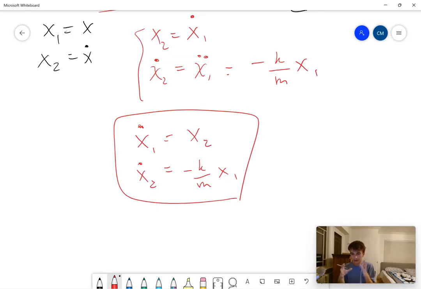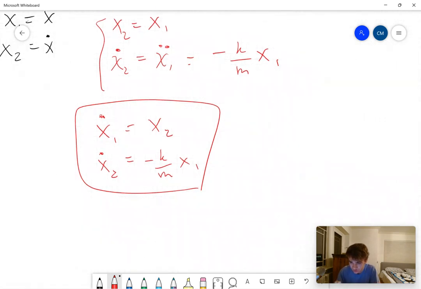So we've expanded the order of the phase space in order to reduce the degree of the equations we're working with. Just some terminology. Degree is the highest degree of derivative.